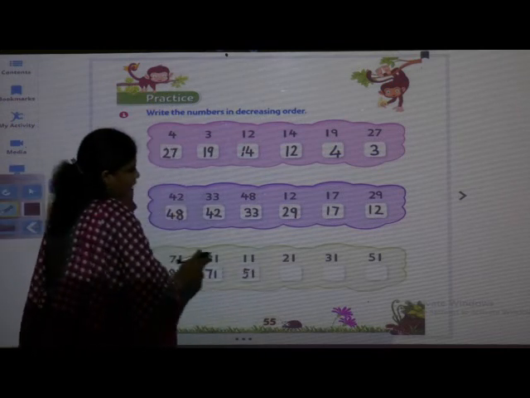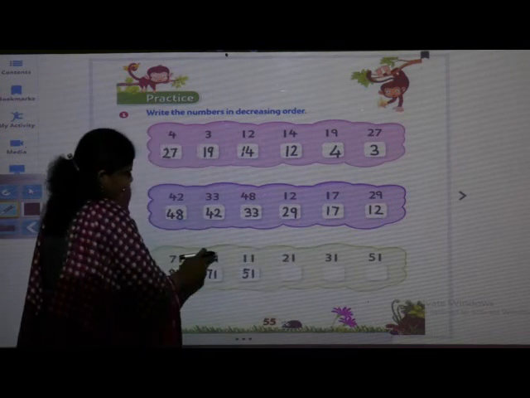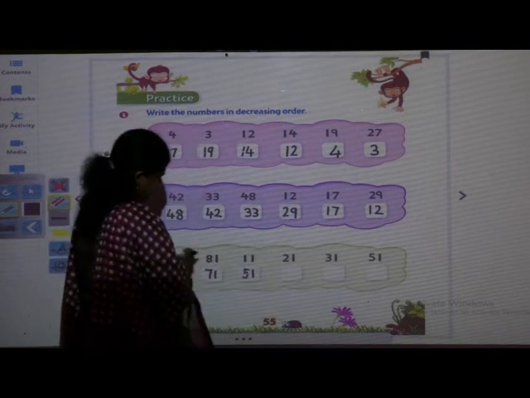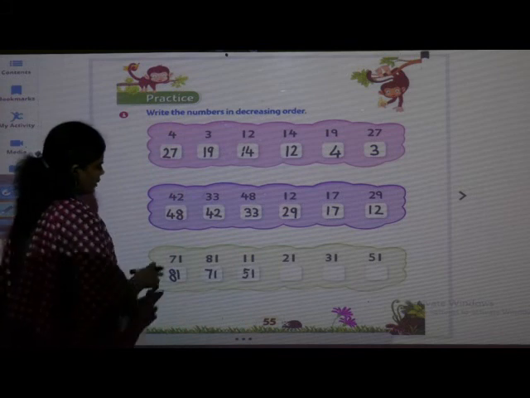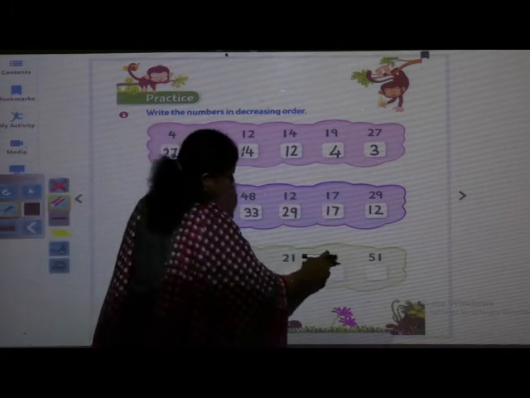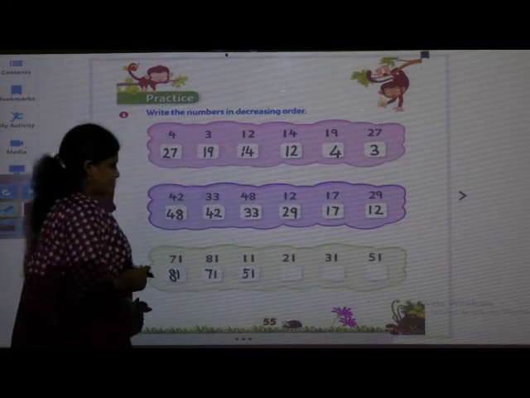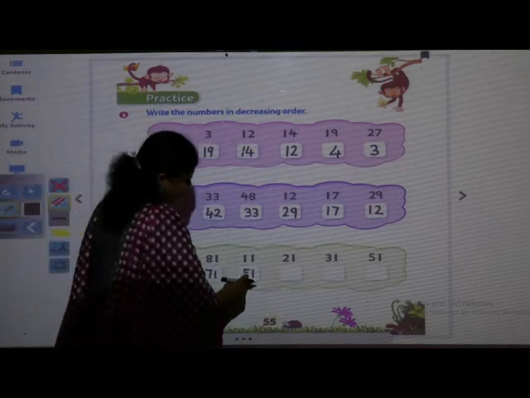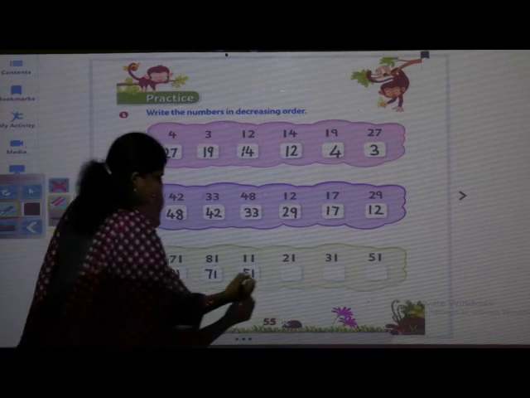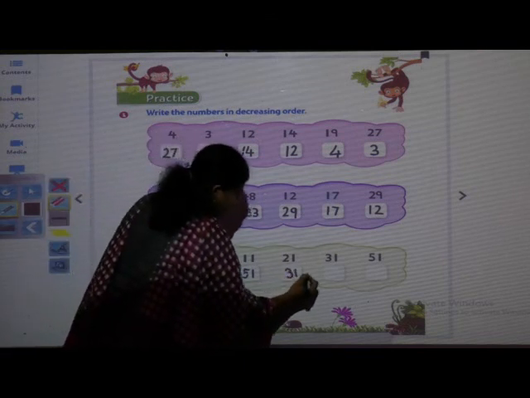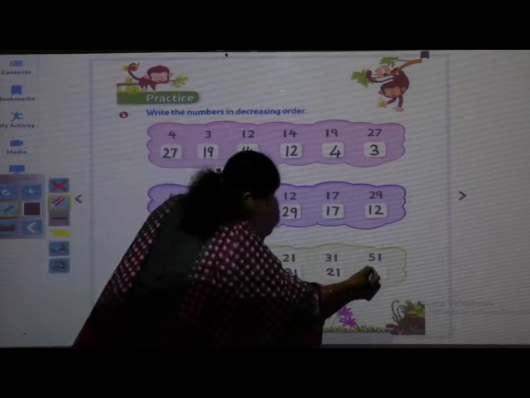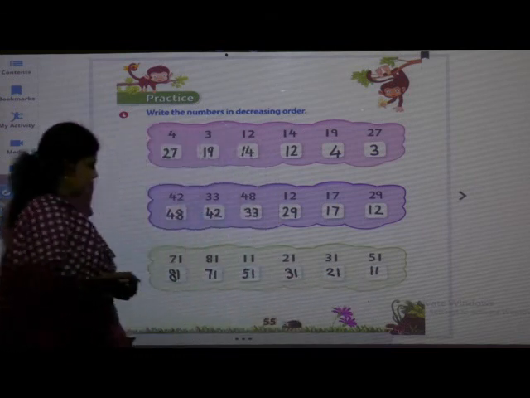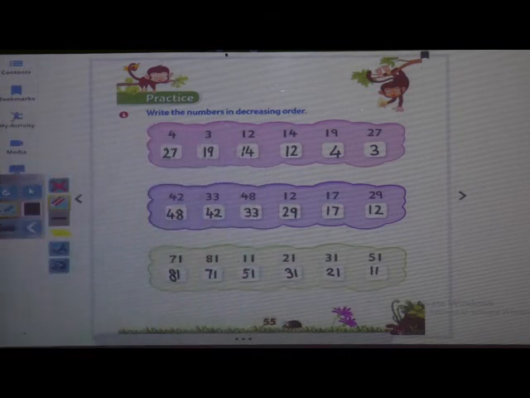See here they all gave the numbers 11, 81, like this 71. Okay. So here in all the numbers 1 is the second digit, so you must not get confused. Yes, 81, 71, 51, then 31, then 21, and then 11. So in this way you have to write this properly. I will wait for a minute.